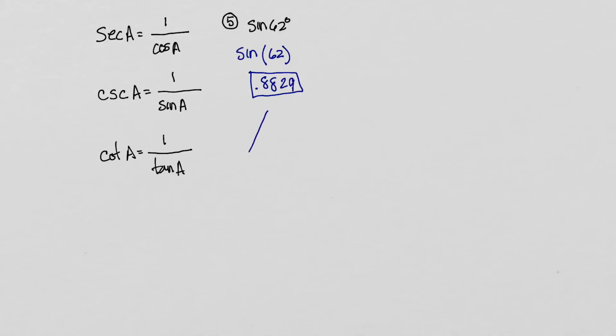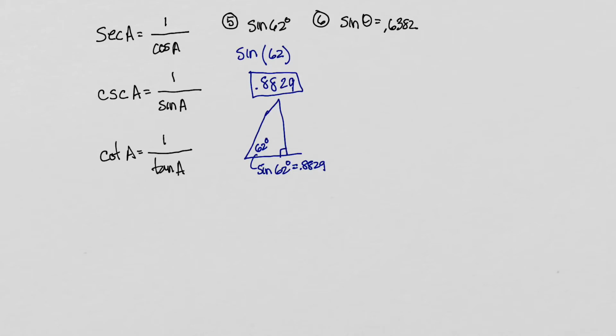If we have an angle of 62 degrees in a right triangle, let me draw that a little bit better, what is the sine of that 62 degree angle? It is 0.8829.